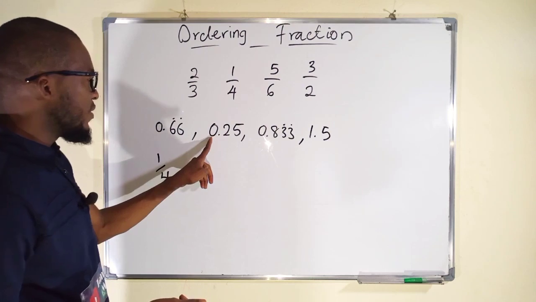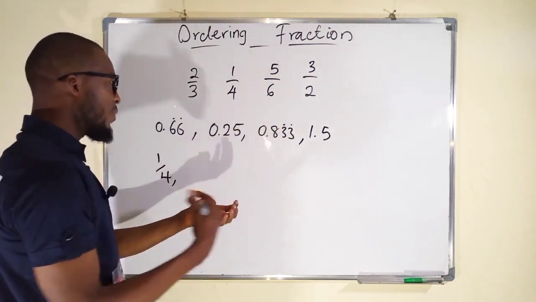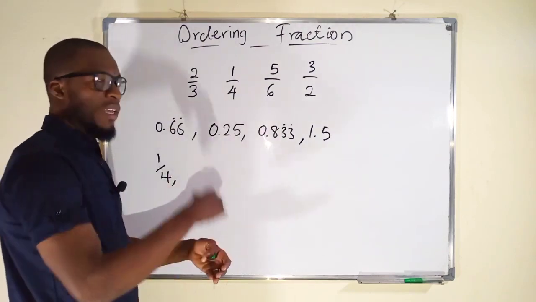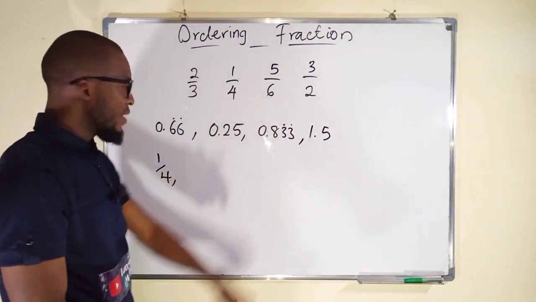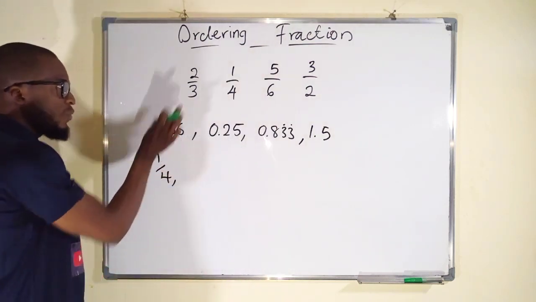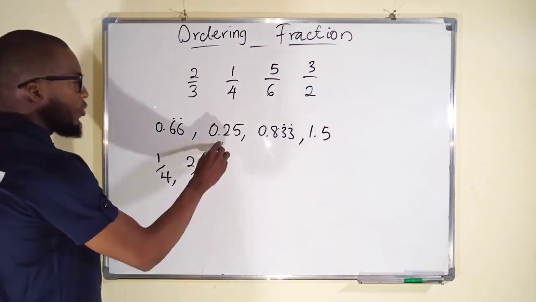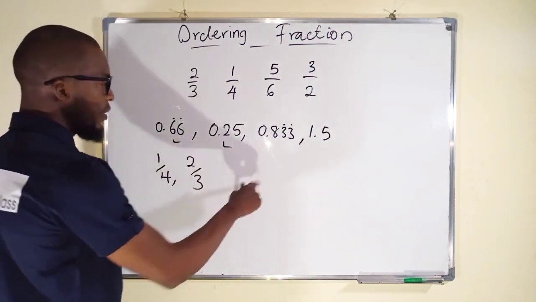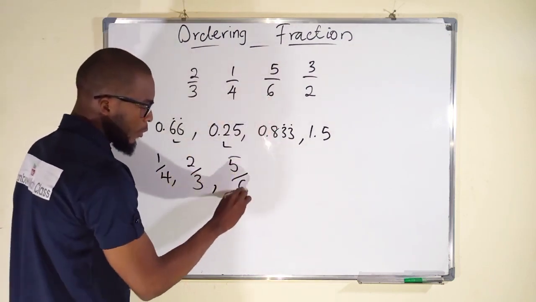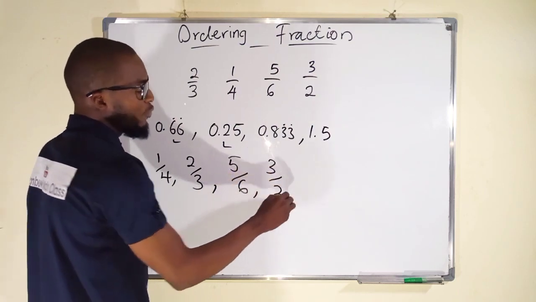Followed by 0.66, which corresponds to 2 over 3. Followed by 0.83, which is 5 over 6. And lastly, we have 3 over 2.